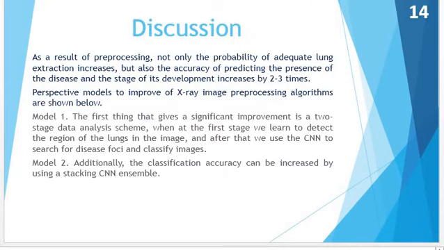As a result of preprocessing, not only the probability of adequate lung extraction increases, but also the accuracy of predicting the presence of the disease and the stage of its development increases by 2 or 3 times.